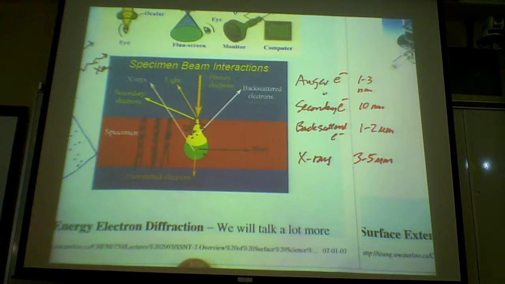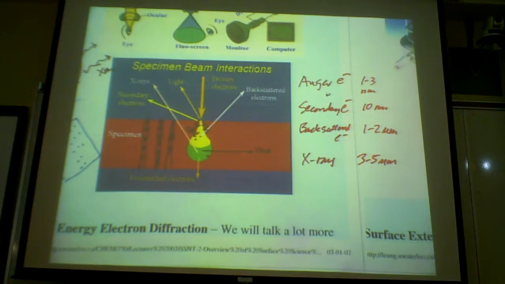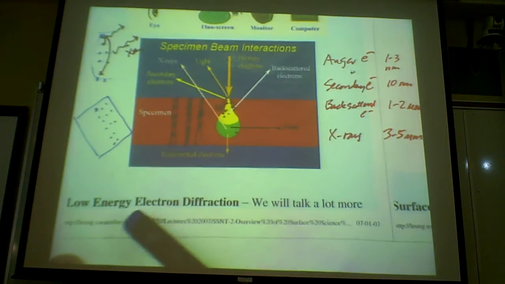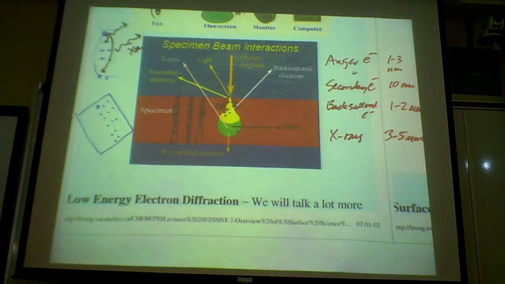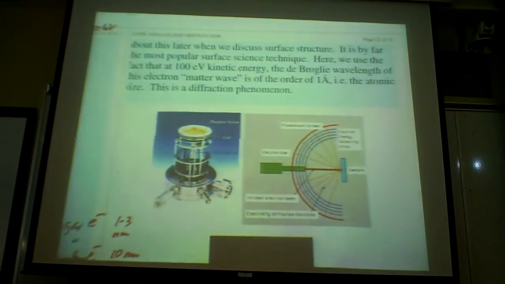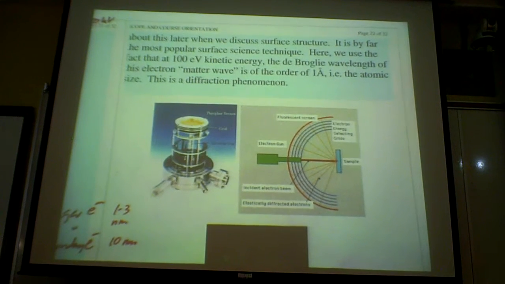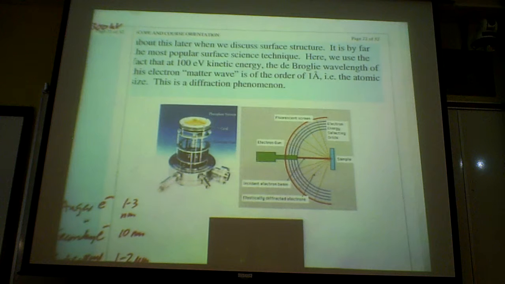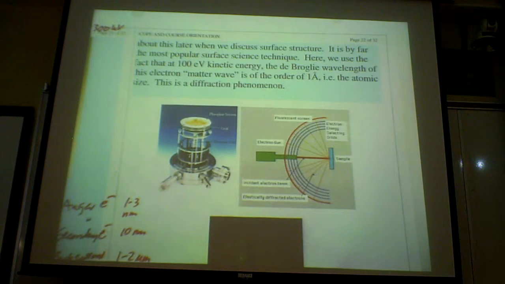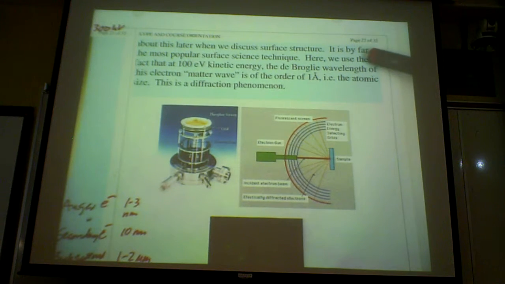So just to finish up, we have this microscopy, and then you have electron diffraction down here, which we'll talk a little bit more about later on when we talk about surface structure. But I'd like to give you a quick, brief idea of what it is, so that when I talk about surface structure, people may remember what I said now.